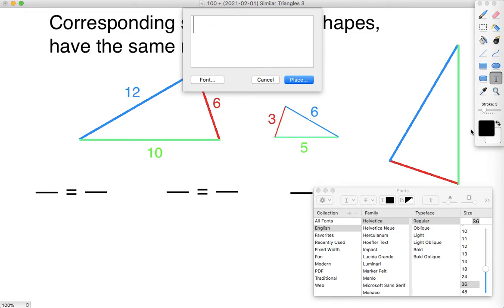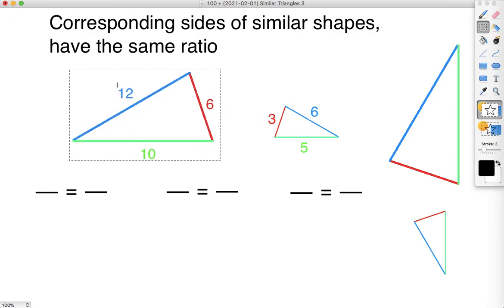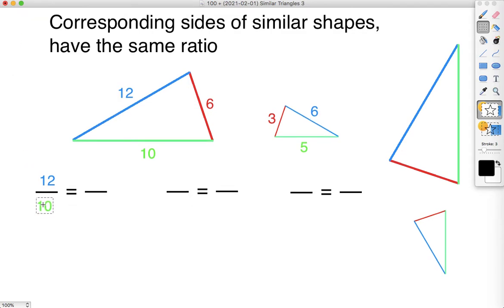All right. So this triangle on my left, the big triangle, the side 12 divided by this side 10 will equal the same as its corresponding sides on the other triangle.